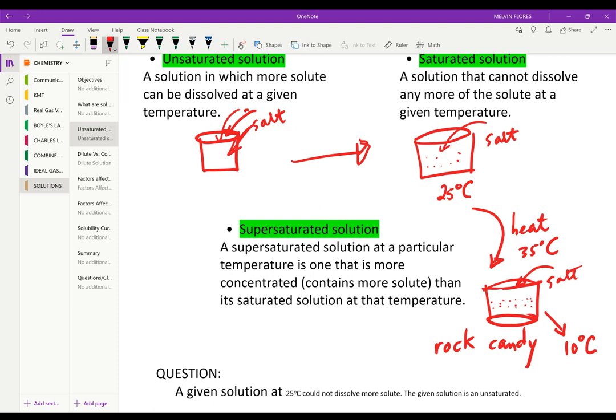So that's how you supersaturate the solution: by increasing the temperature so that you can add more salt, and then add more salt again until the solution becomes supersaturated. And then if you want to make the precipitate visible, you cool it down in order to actually get the precipitate.